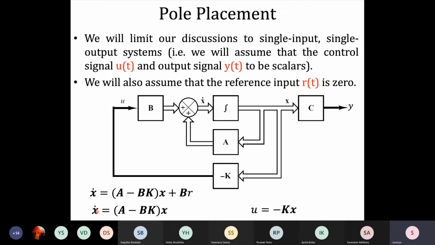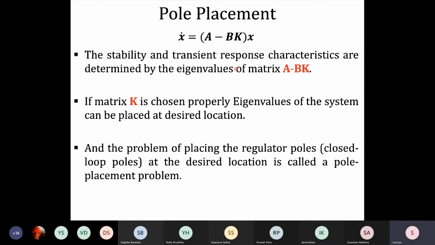As you can see, we have set this R equal to 0. So we have nothing but X dot equal to A minus BK times X, where this U is nothing but minus KX, right? So this is basically my overall closed-loop dynamics of the system, that the differential of X is A minus BK into X. This is the final closed-loop system matrix, because the derivative of the state is linked by this matrix with the current state, right?